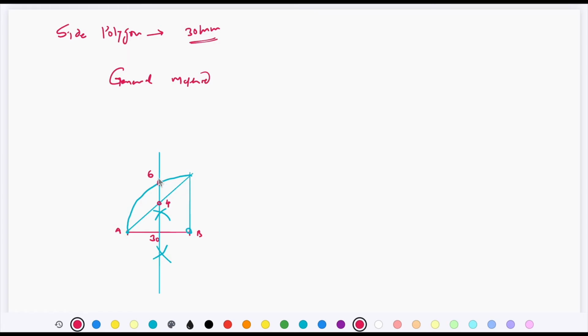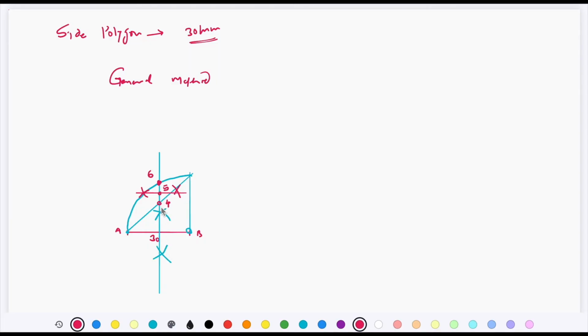Point number 6. To locate point number 5, bisect this segment 4, 6. That is, take center 4, radius more than half the distance of 6, 4, arc on this side, arc on this side, then interchange the centers and draw two intersecting arcs and connect those 2 points. So this point is going to be our point number 5.